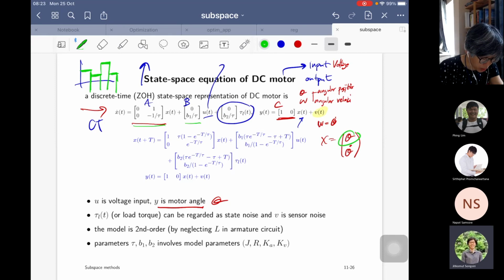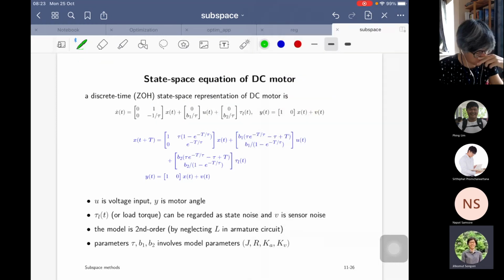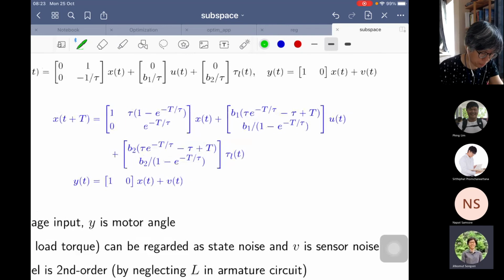After we use that method and transform into the discrete time model, you get the equation in the blue line. The thing is that the order is still the same. Continuous time of second order, when you transform into discrete time, is second order also.